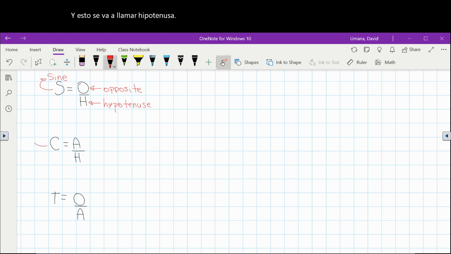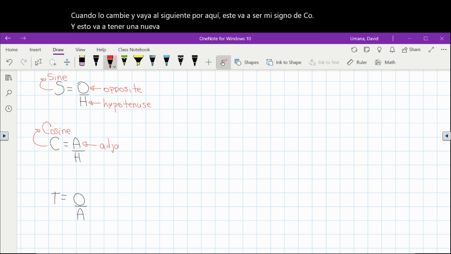When I switch it around and I go to the next one over here, this one is going to be my cosine. And this A is going to have a new word called adjacent. H doesn't change, it's still the hypotenuse.